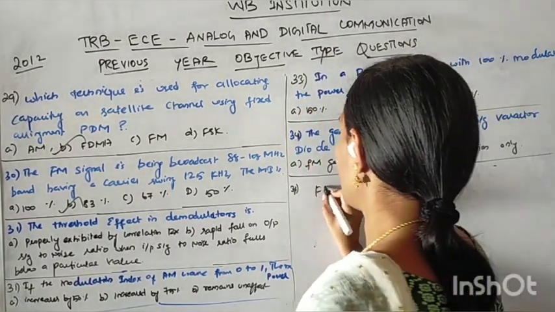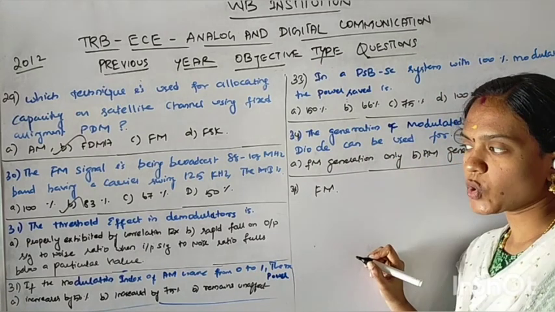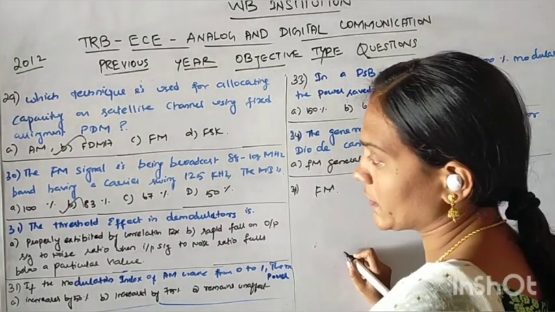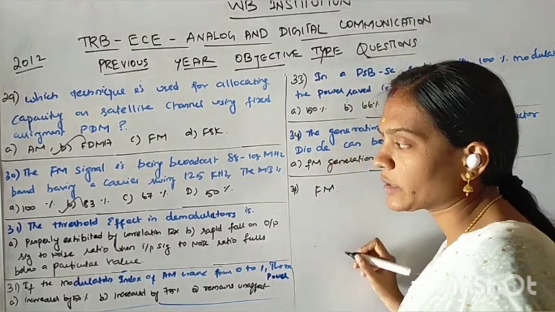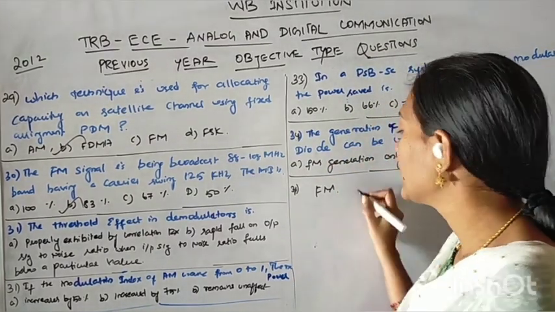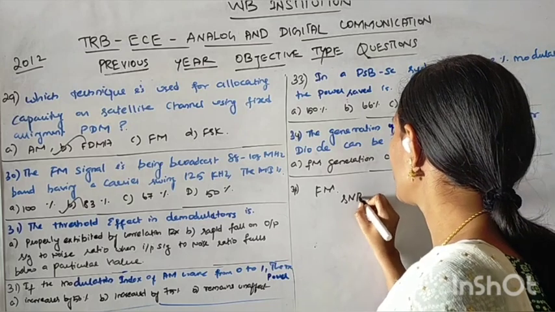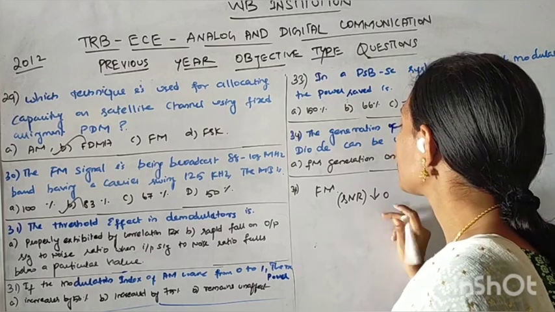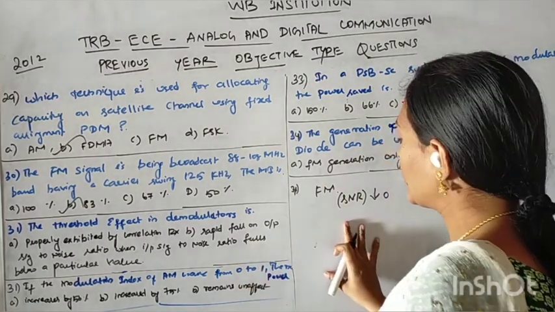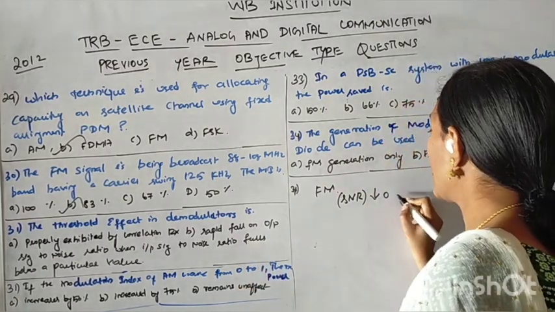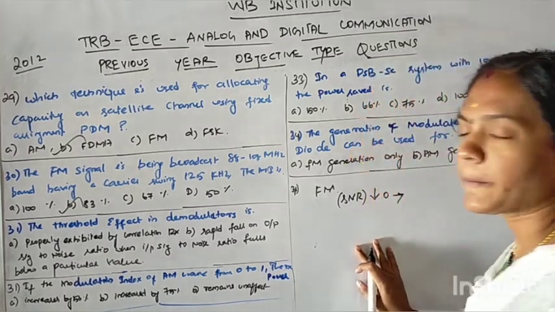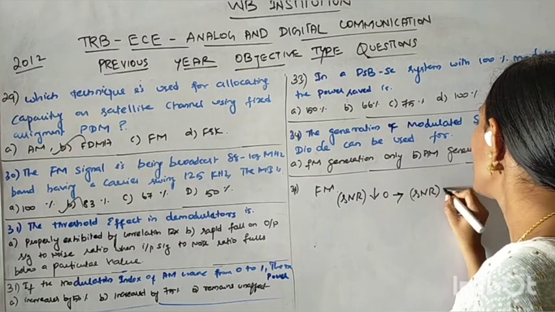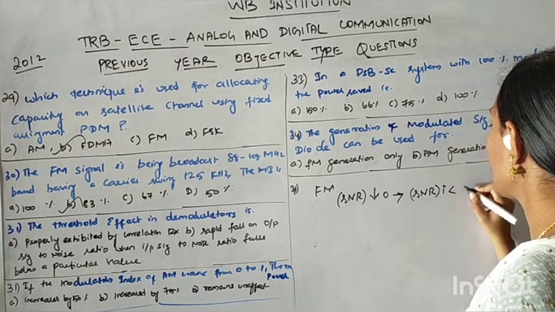So they are describing how the threshold effect behaves in FM demodulators. The output signal to noise ratio falls rapidly to 0 when the input signal to noise ratio is less than a particular value.